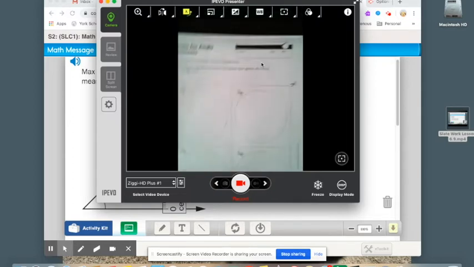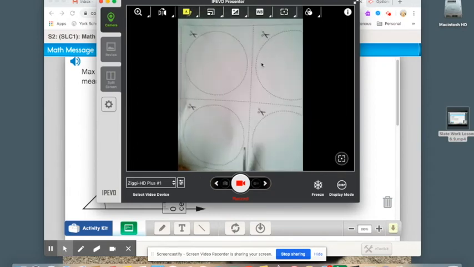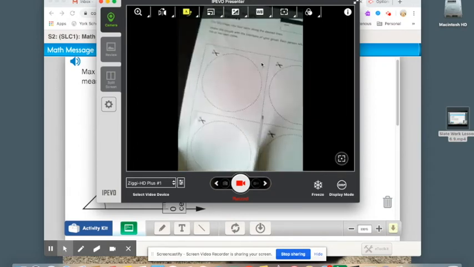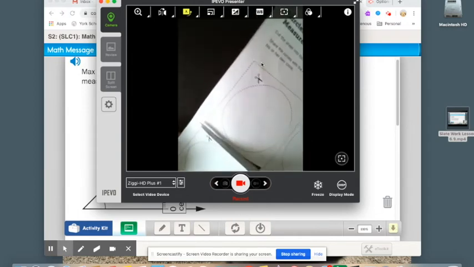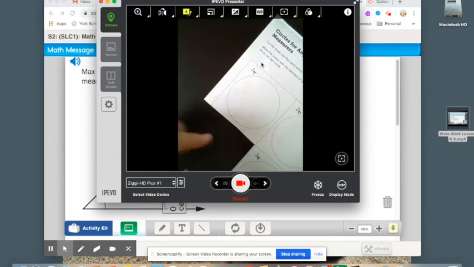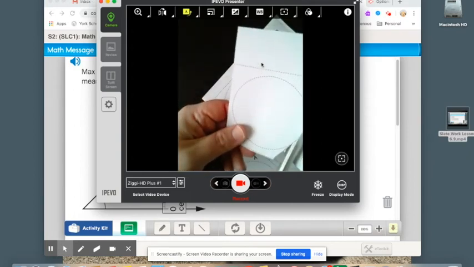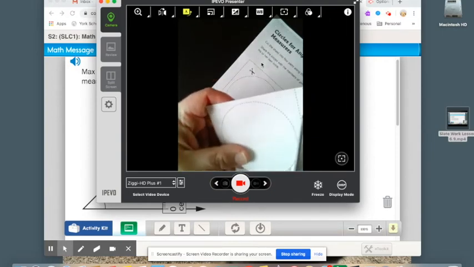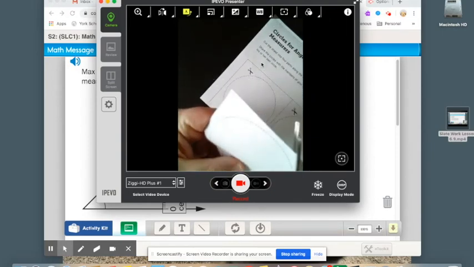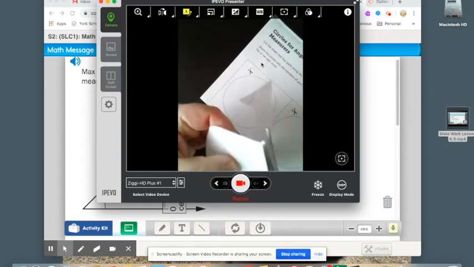What you're going to do is take one of these squares and cut them out, because we're going to trace the circle onto the parchment paper. So I'm just going to go ahead and cut the circle out. Okay, like so.